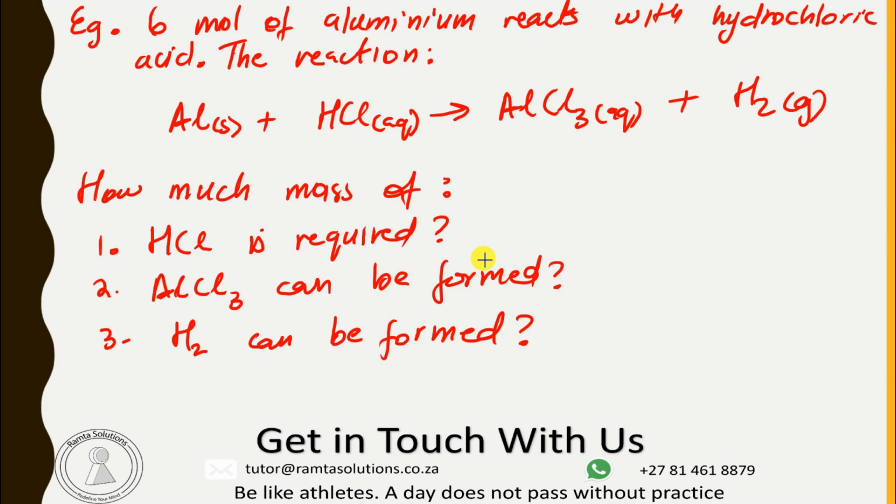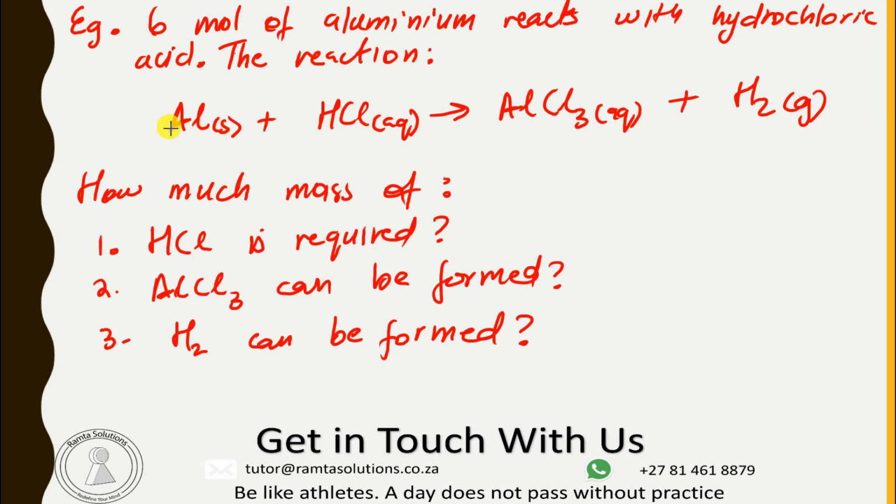Perfect. Now we know we have to balance this, so let's try to balance it. It seems aluminum is balanced, but the chlorines are not balanced. If we put a 3, it will not be a nice one.